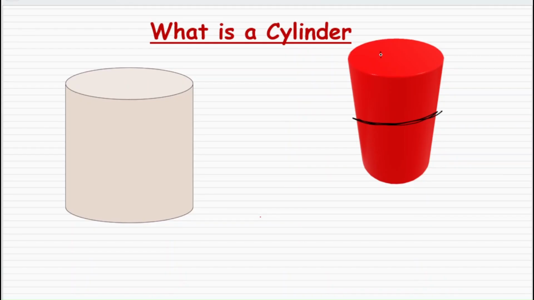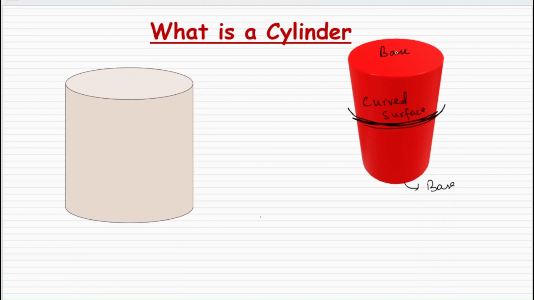This side body, the lateral side, is called the curved surface of the cylinder. So basically, a cylinder has three parts: two circular bases and one curved surface.